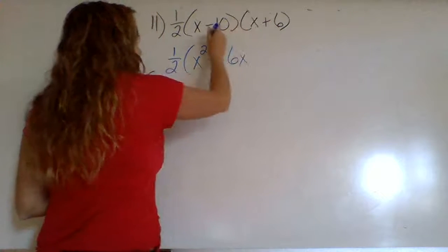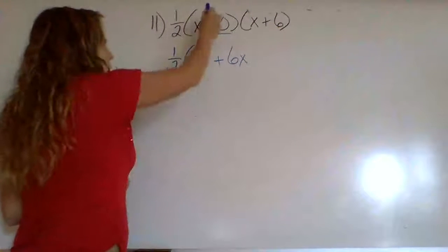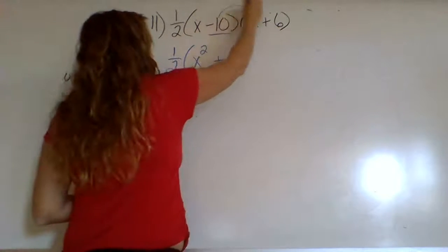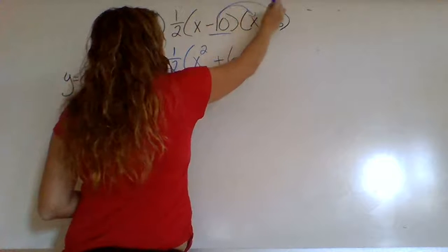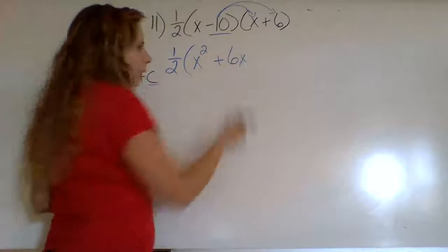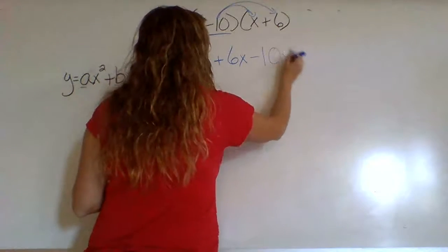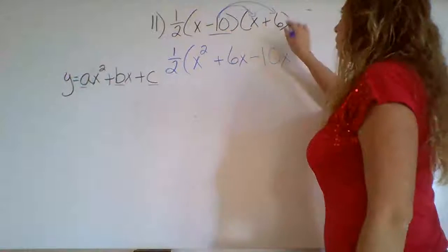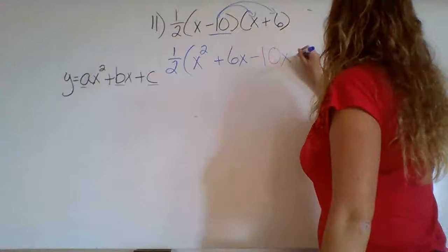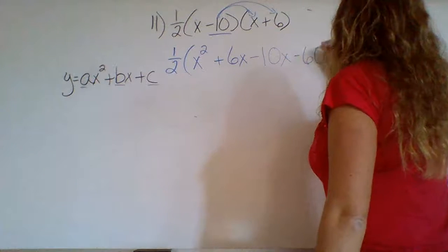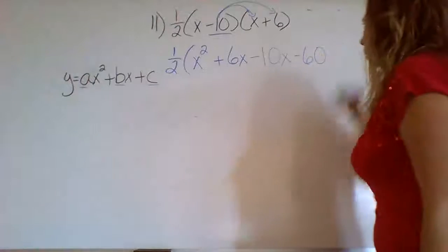Move on to your negative 10. Don't forget your negative sign. Negative 10 times x is negative 10x. All right. And then negative 10 times 6 is negative 60.